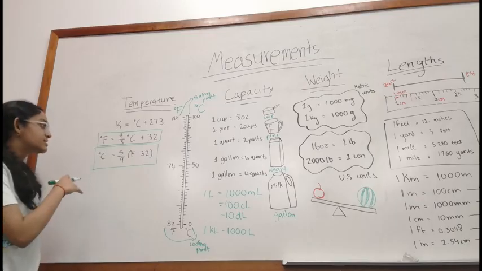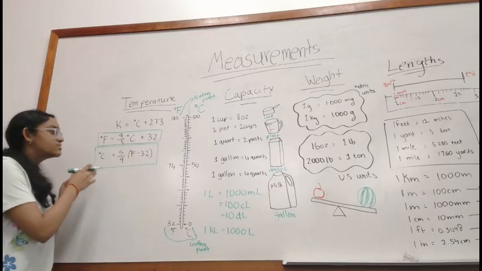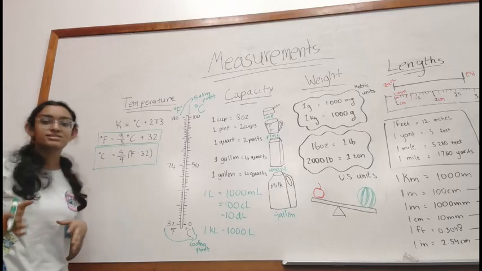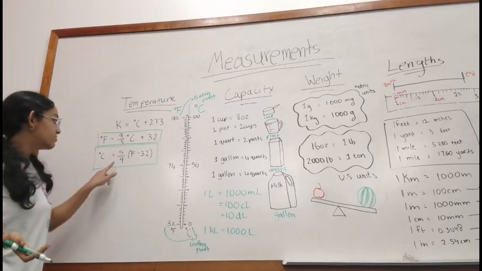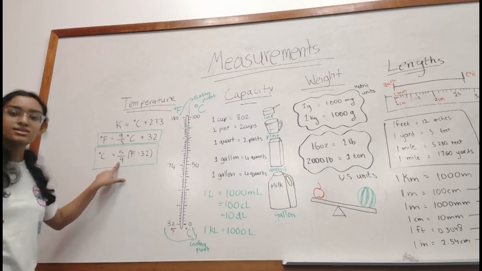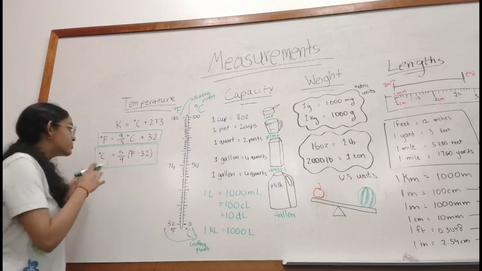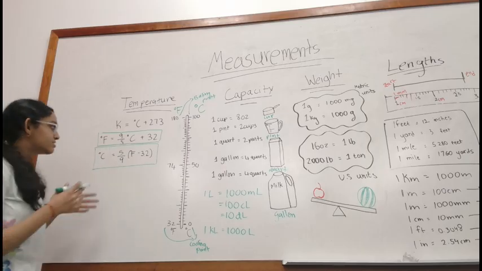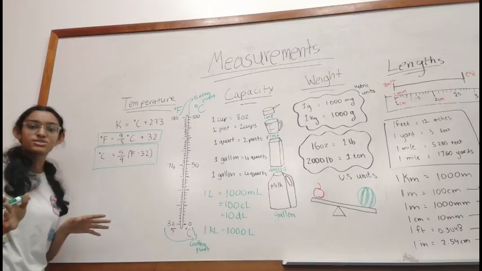I don't want to explain it too much in detail because you don't need to know this right now. But this is basically a conversion factor that goes for both degree Celsius and degree Fahrenheit. And later on you'll learn about it, so I won't tell you much about it.